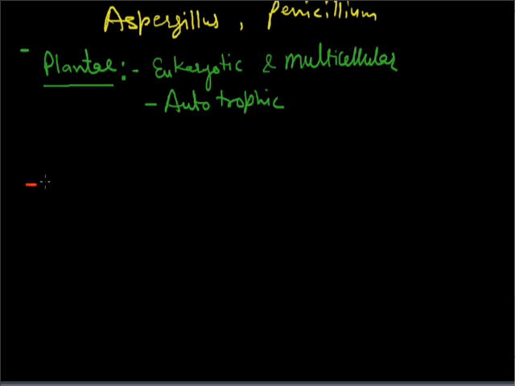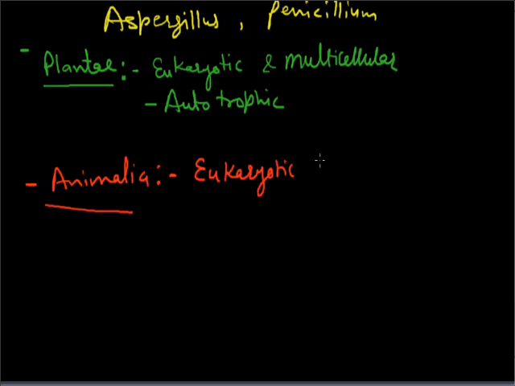And the last kingdom is known as Animalia. This is the five kingdom classification in which the living beings are categorized in five kingdoms. This type of living being is also eukaryotic, multicellular, and heterotrophic in mode of nutrition.